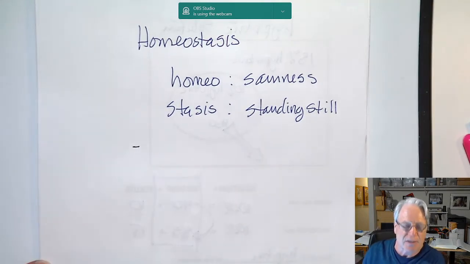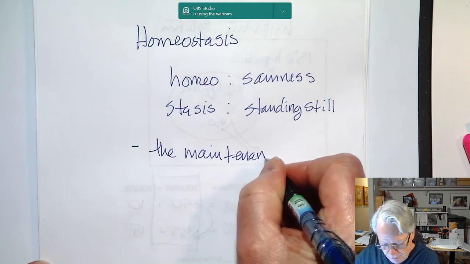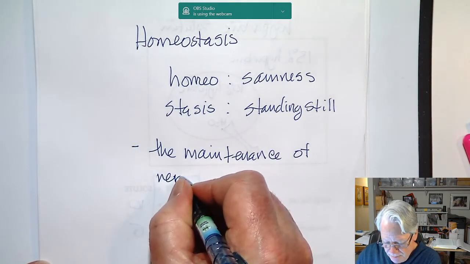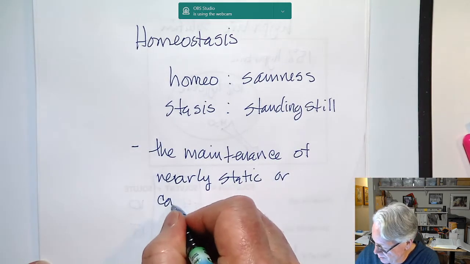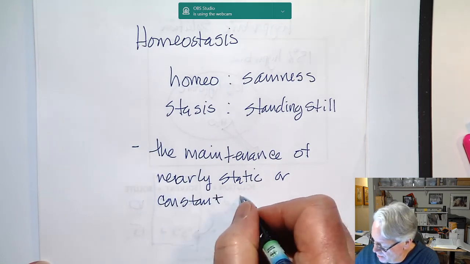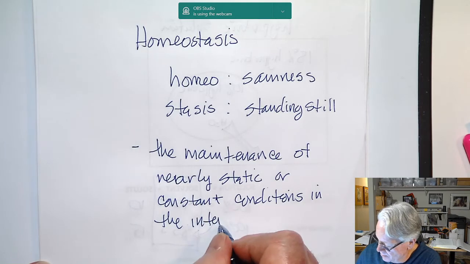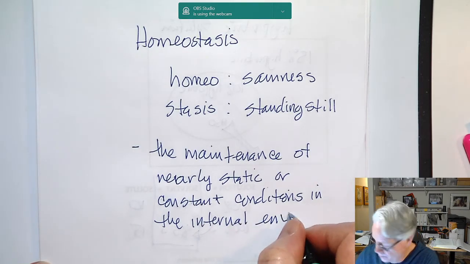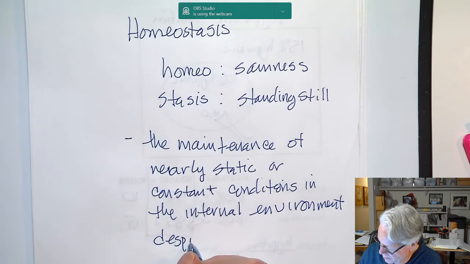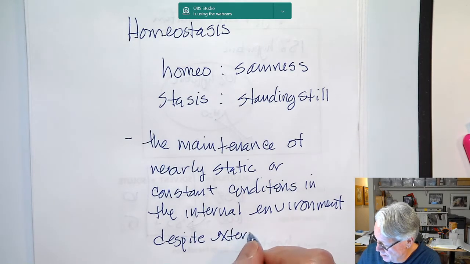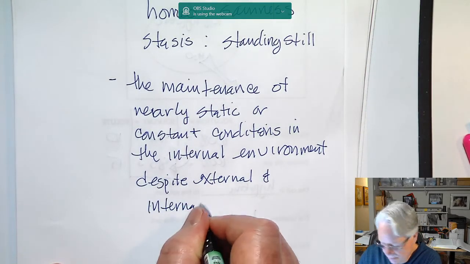So let's get a good definition of what this means. Homeostasis is going to be defined as the maintenance of nearly, and there's an R in there, static or constant conditions in the internal environment despite external and internal changes.